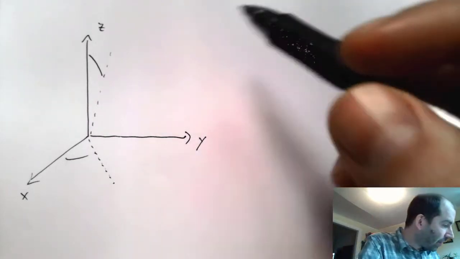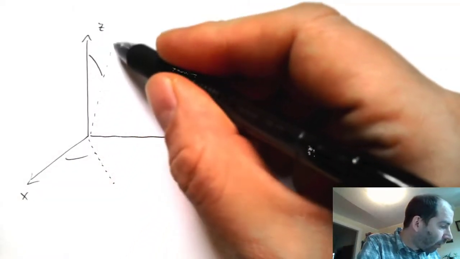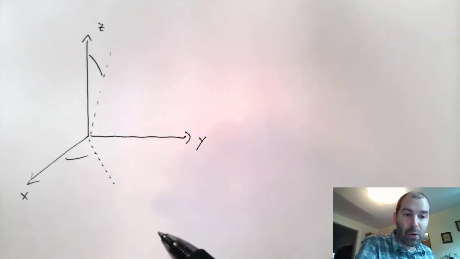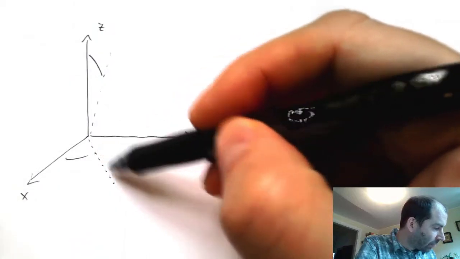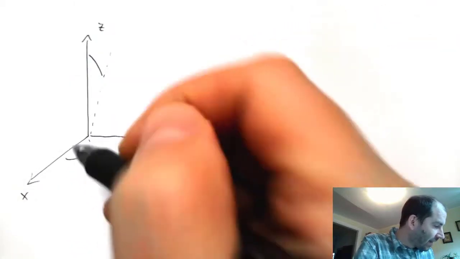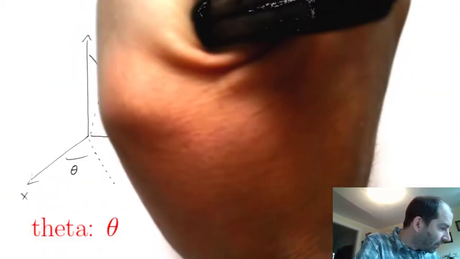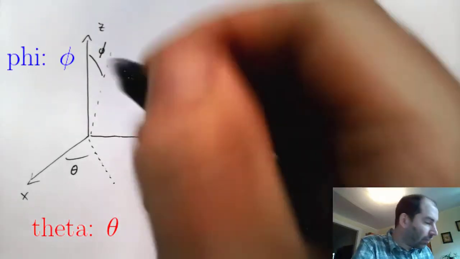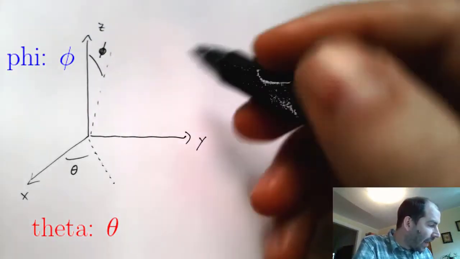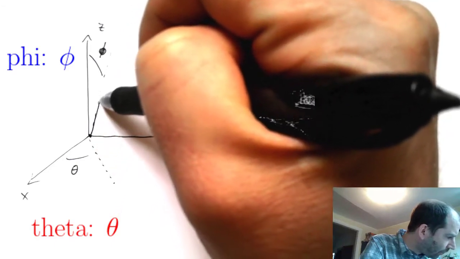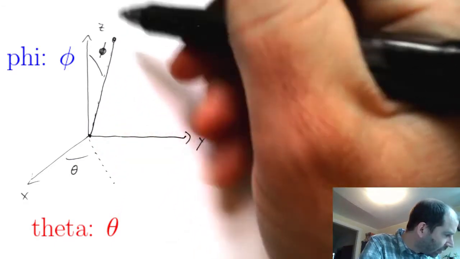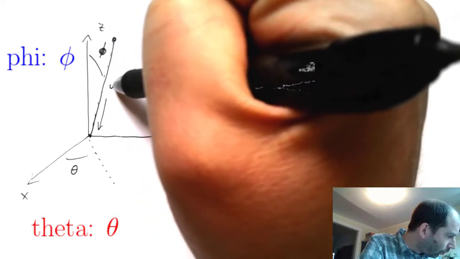And then we're going to describe how far away from the origin we are, just like in polar coordinates. So we're tilting away from the x-axis at this angle theta, away from the z-axis at this angle, which we'll call phi, and the distance that we're away from the origin will be called rho.